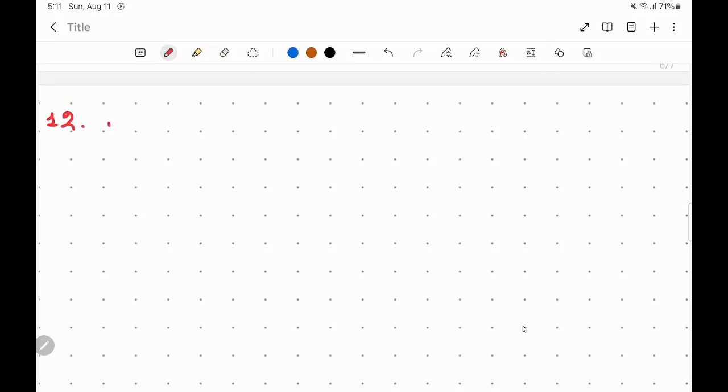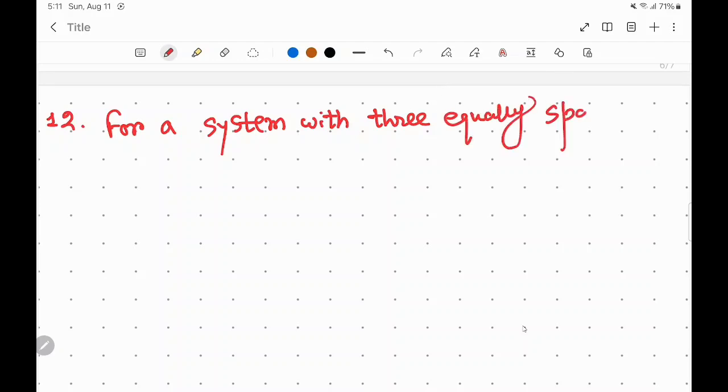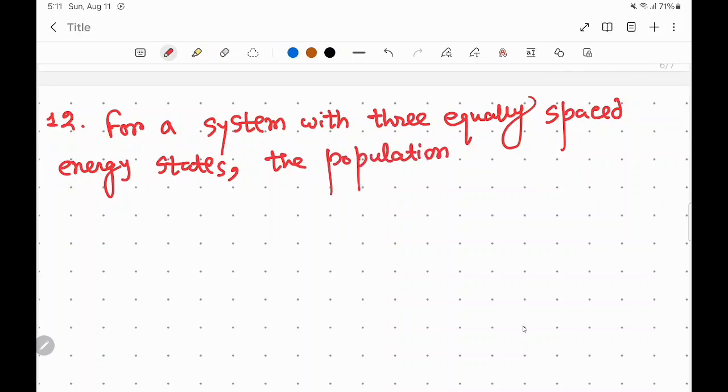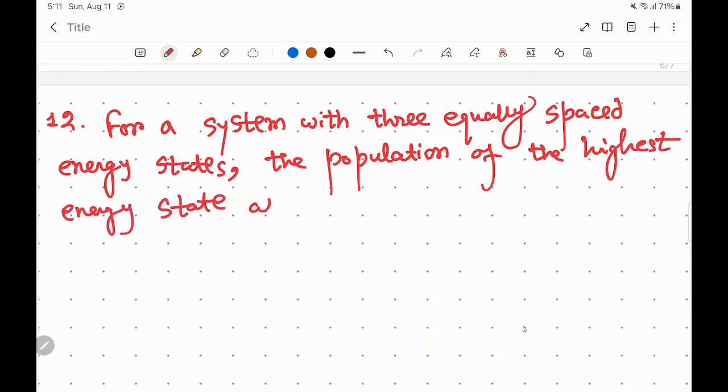Question number 12. For a system with three equally spaced energy levels or states, no, levels, these are not the same as states, the population, again the same question, population of the highest energy state at T tends to 0 and infinity.